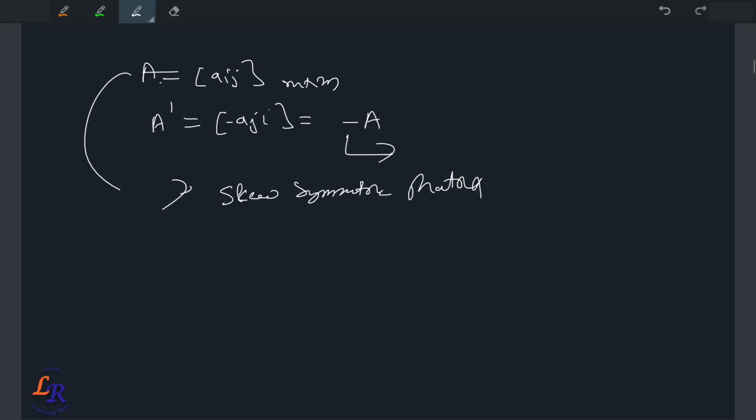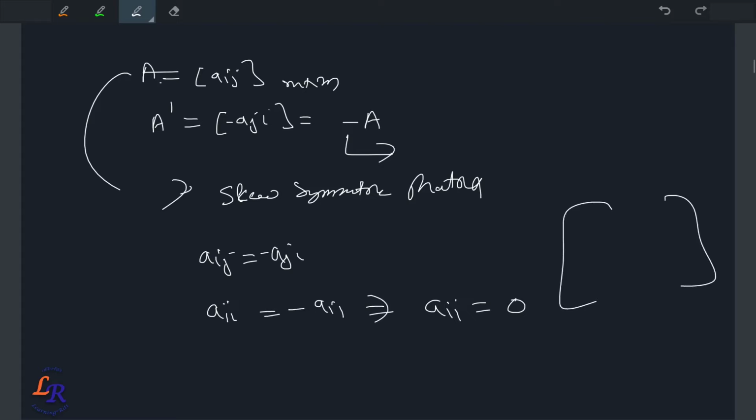Now you can see a very nice, important property: Aij is equal to minus Aji. So you may have cases where Aii is equal to minus Aii, which would mean that Aii is equal to 0. So if this is a square matrix, all the diagonal elements of a skew symmetric matrix would be 0, because then it will be justified.